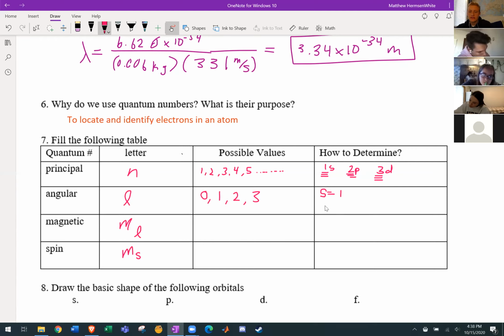In the s block, it's equal to 0. Sorry about that. The p block is equal to 1. The d block is equal to 2. And the f block is equal to 3.